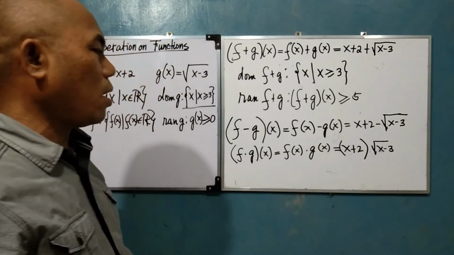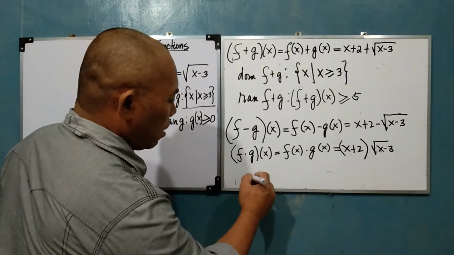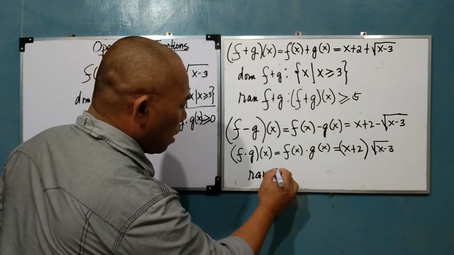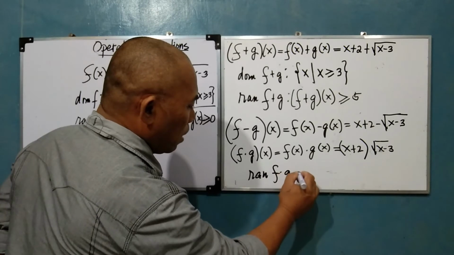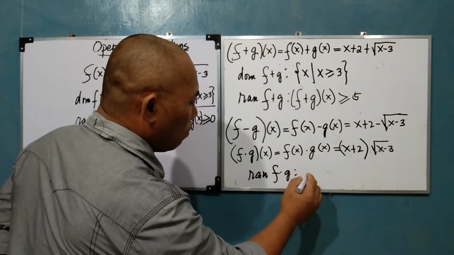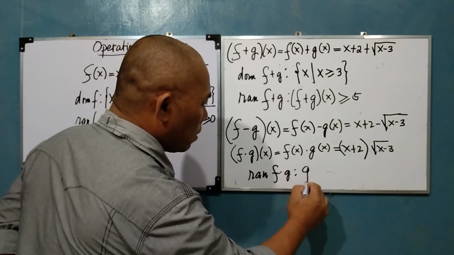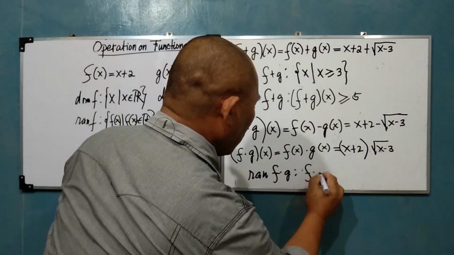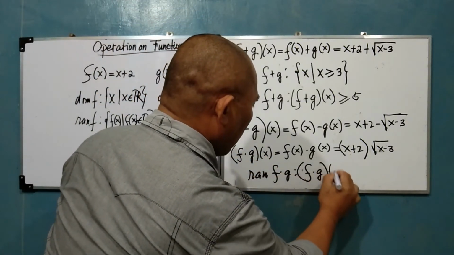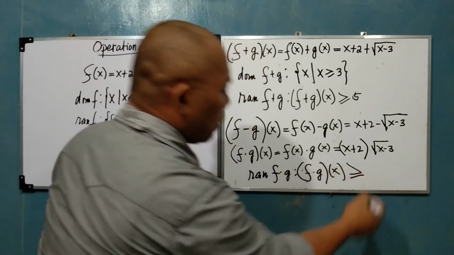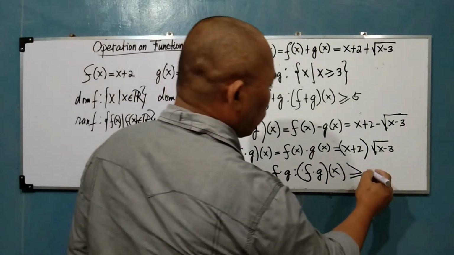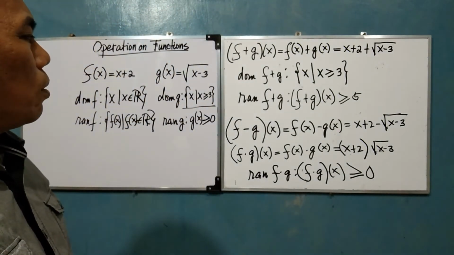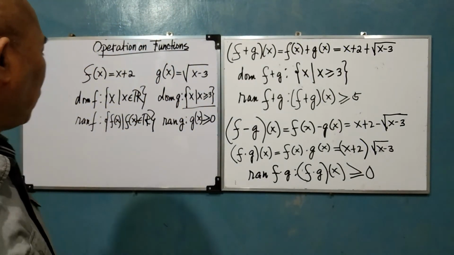So, the range differs. The range of f times g is the set of all f times g values that are greater than or equal to 0. Okay?